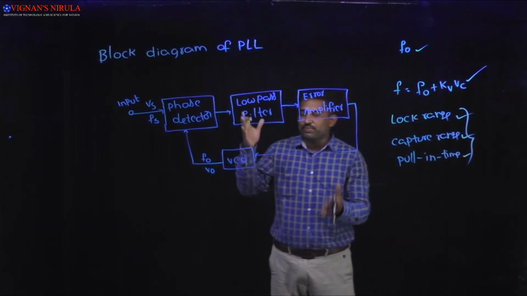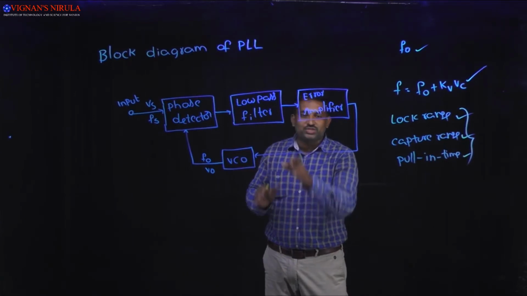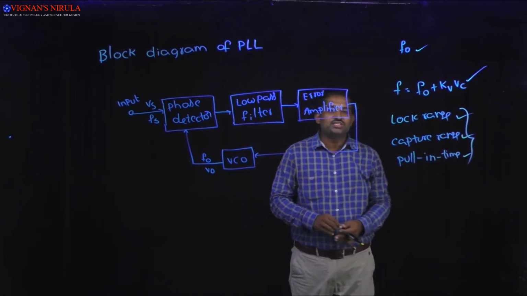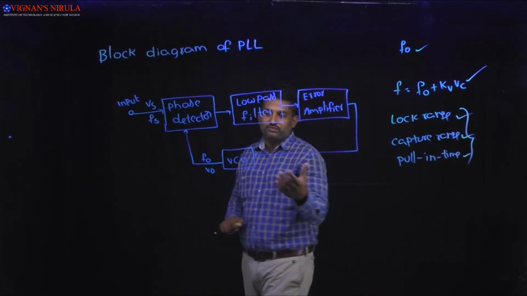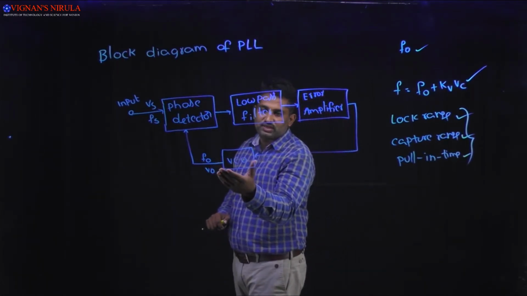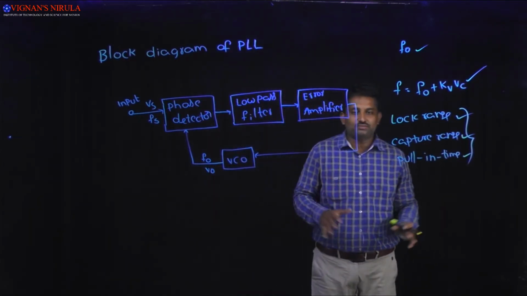Once the PLL is locked, the phase detector produces a constant DC voltage, which is used to shift the center frequency from F0 to the input frequency Fs.